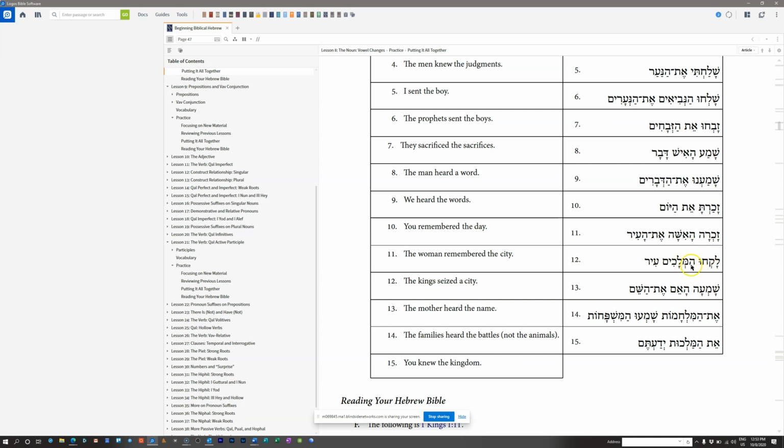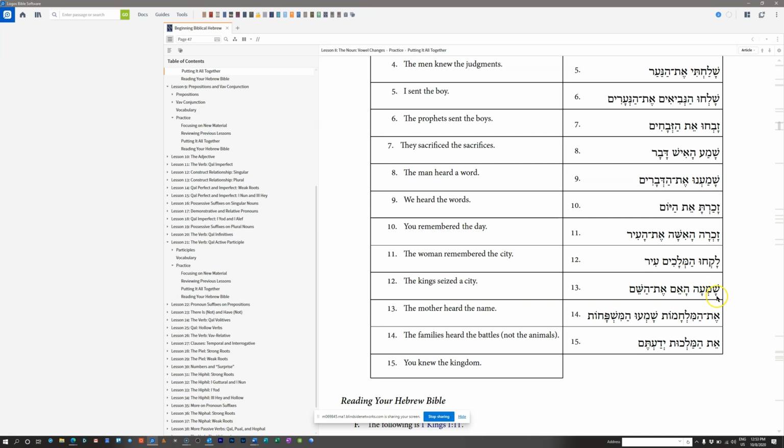And then here in our subject spot, we have a definite noun that does not have the definite direct object marker, so it is the subject. Hamelachim, the kings. In the subject spot, the kings took or captured a city. This is just Ir, not ha'ir or et ha'ir, but just Ir, so it's indefinite. The kings took or seized or captured a city.